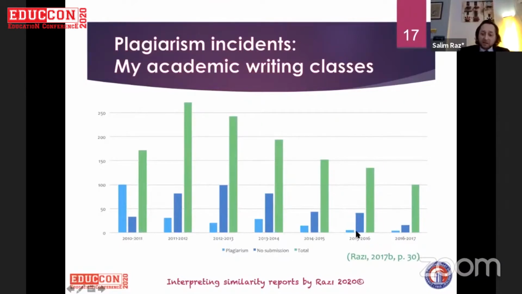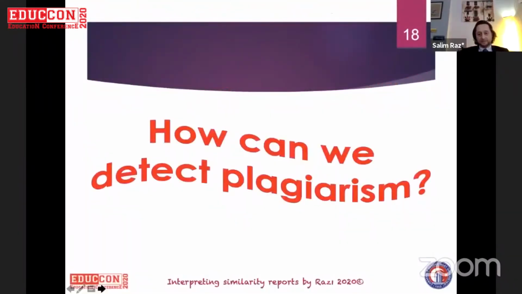And recently, as you see, there are only very few students every year, 2 or 3 students every year, who plagiarize. So with correct pedagogical applications, it is possible to prevent plagiarism. However, simply benefiting from Turnitin does not help. This is the lesson that we can get here.